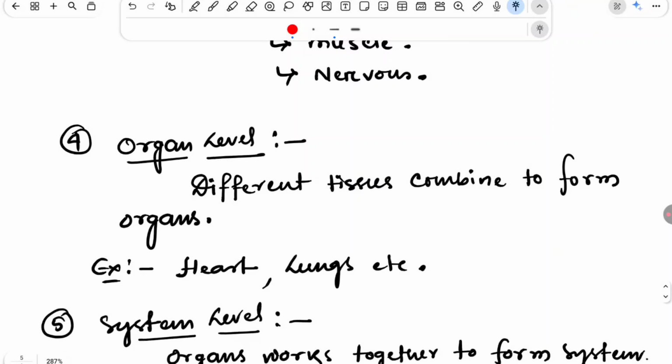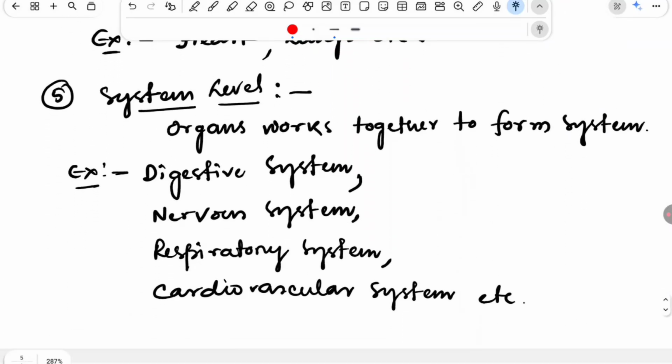Then the fourth one is organ level. At organ level, different types of tissues combine to form organs. Here it is not cells but tissues. Different types of tissues are combined together and form organs like heart, lungs, etc. Next one is system level.